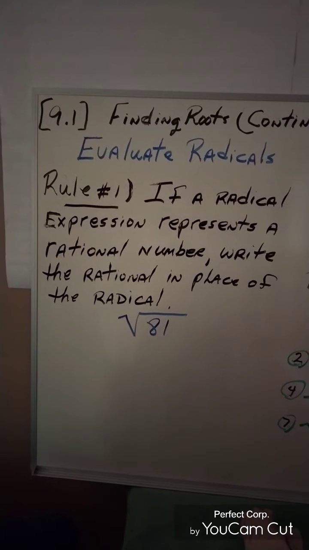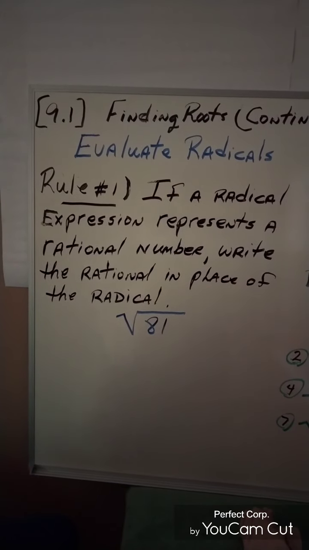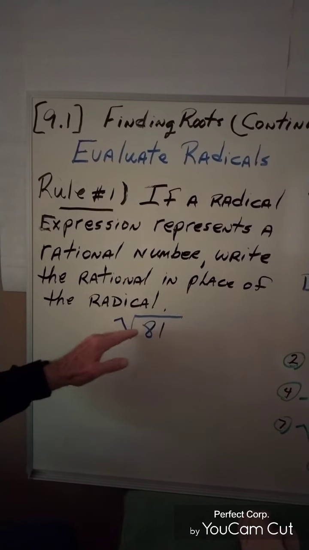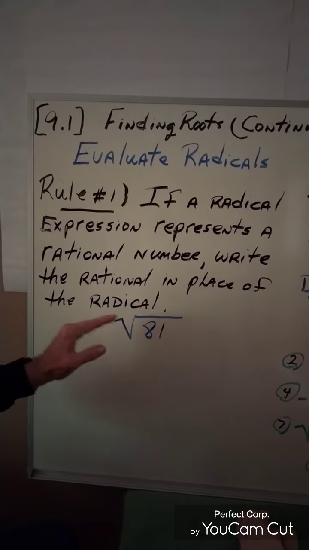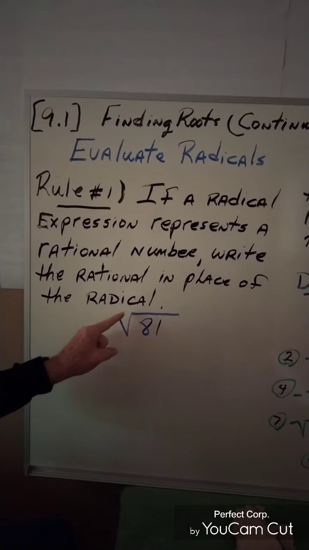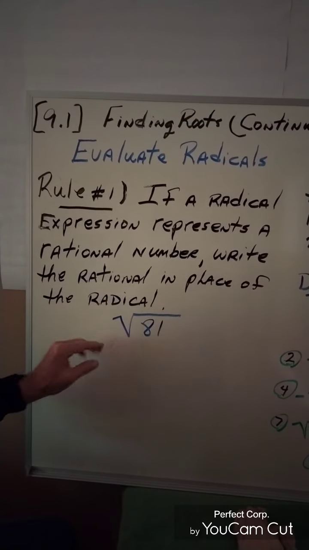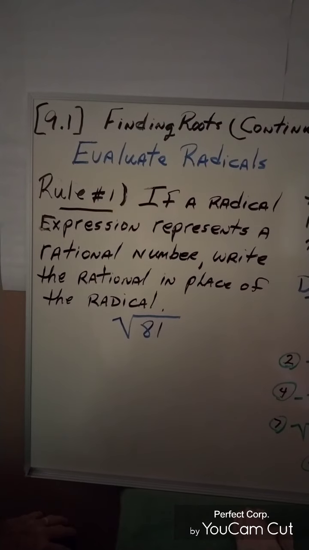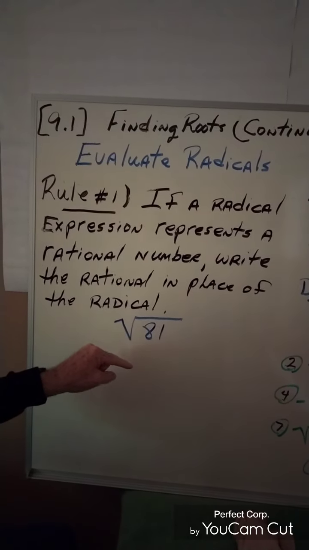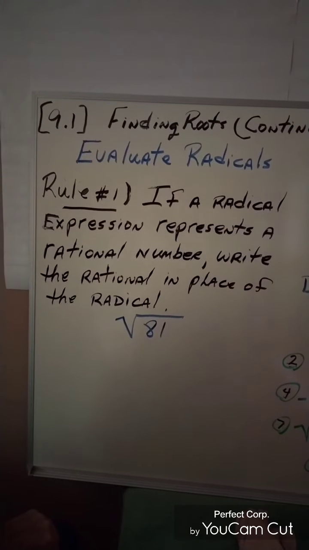And if the radicand is a perfect square, its root will always be a rational number. So rule number 1 is saying this: if a radical expression represents a rational number, we write the rational number down in place of the radical.